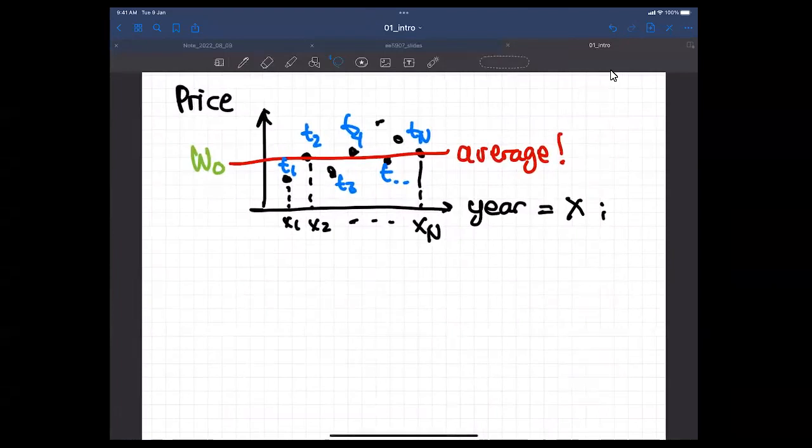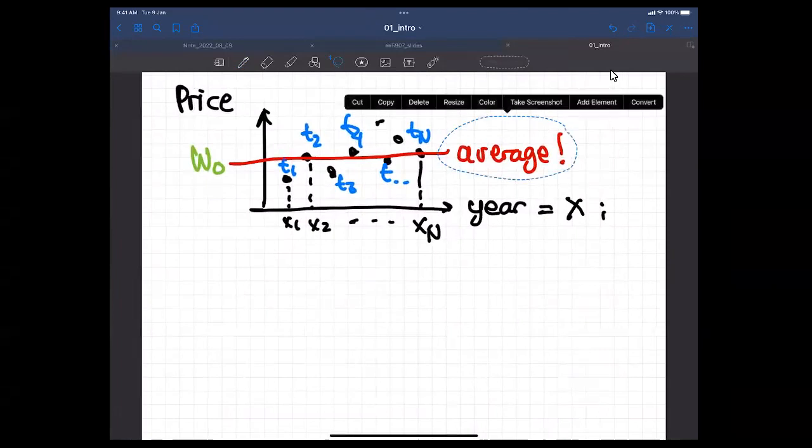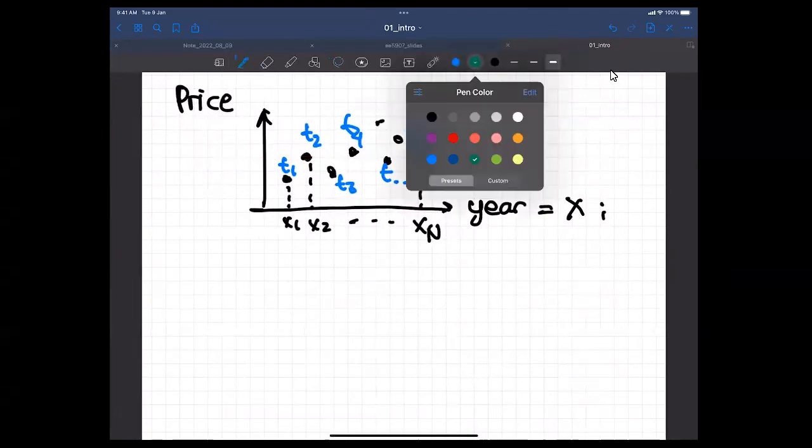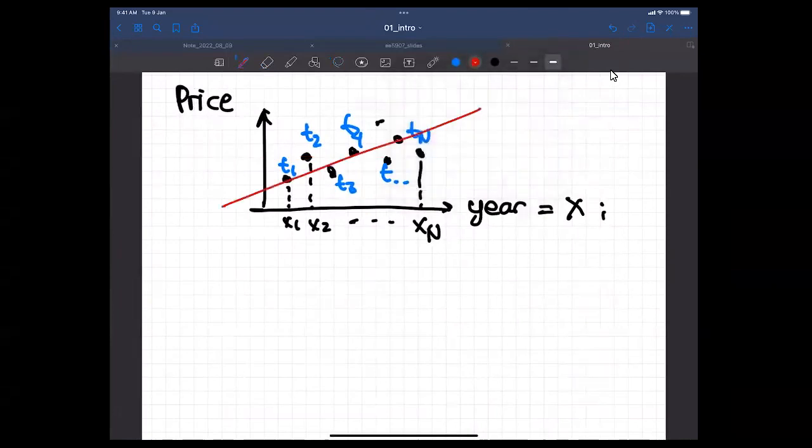So we have to change the fitting model to a more complex one. In this case, for example, you can imagine a straight line in that direction. So the first thing that we need to do, again, is data modeling. Data modeling is very important. So keep this in mind.